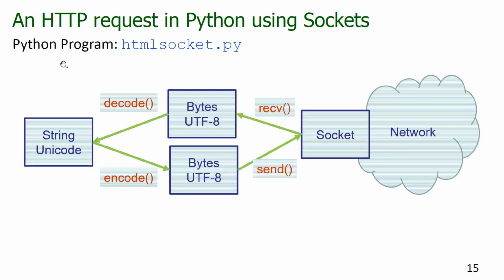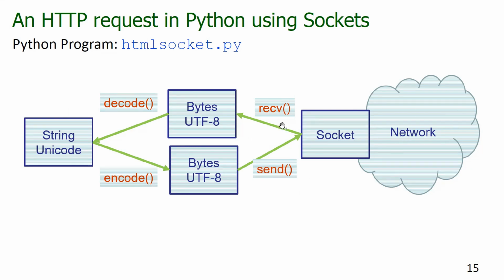Finally, the complete flow of the example we demonstrated is shown pictorially in the following figure. First, our string is in Unicode. It is encoded through the encode method into UTF-8 bytes, then sent to the network through the socket.